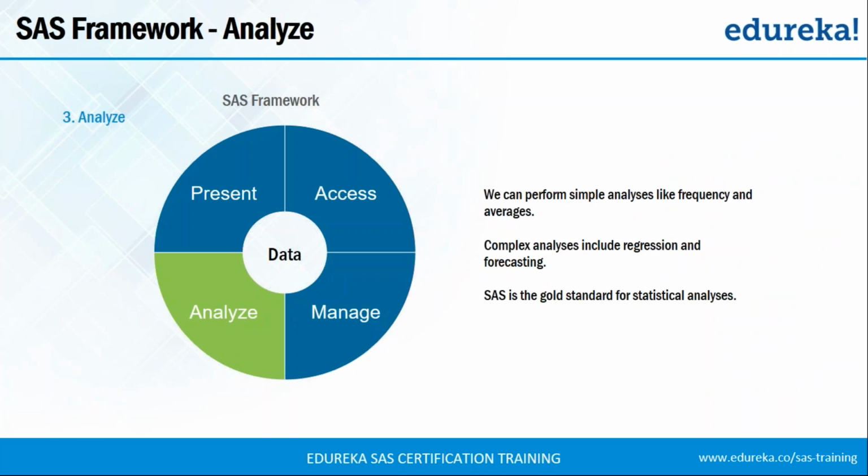So SAS for analysis: you can do descriptive as well as predictive analytics. Descriptive could be the mean, median, mode, and the predictive analytics would be regression and forecasting. It can actually do all this stuff. In fact, whenever you get the data, the first thing one should be doing is to check the metadata by proc contents. Proc contents lets us know what the variables are and how many observations there are.